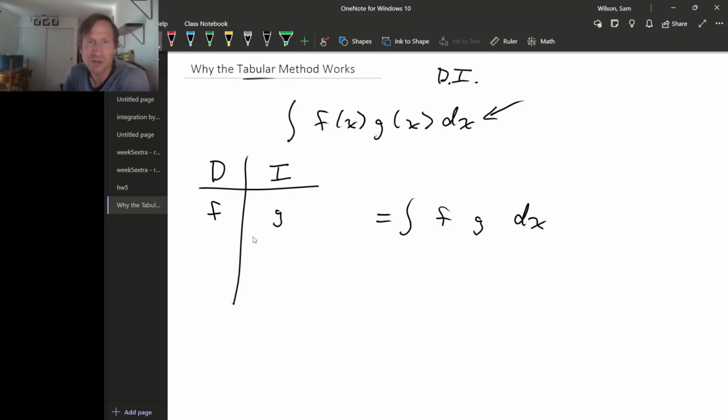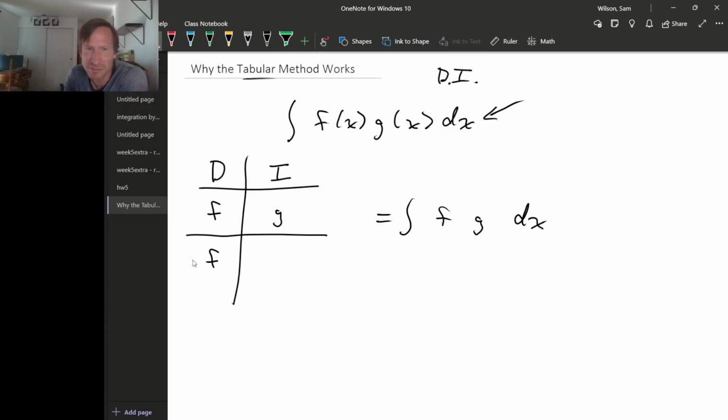So the way this tabular method works is you can write down as many rows in the table as you want, and for each row you differentiate the thing in the D row. So I'll put the derivative of f. And I'm going to need to keep track of how many times I've differentiated f and how many times I've integrated g.